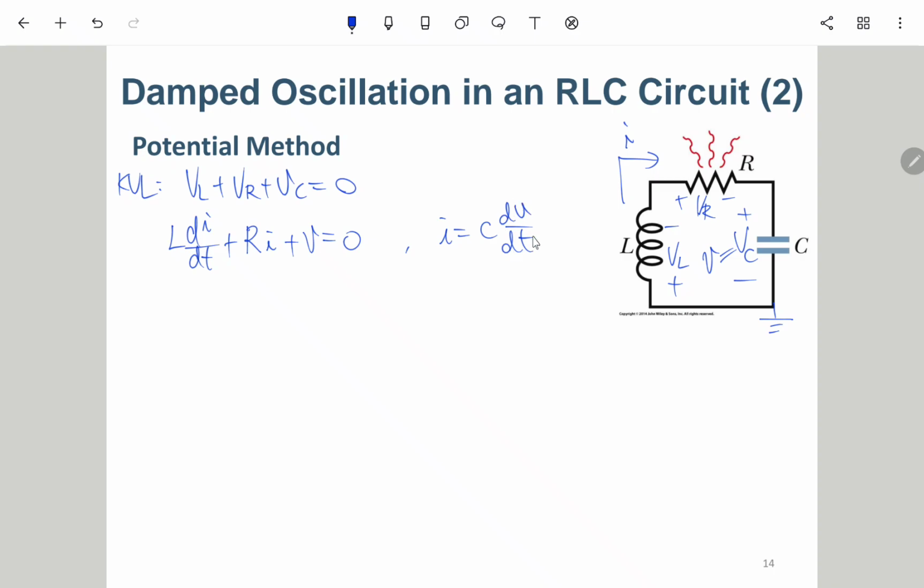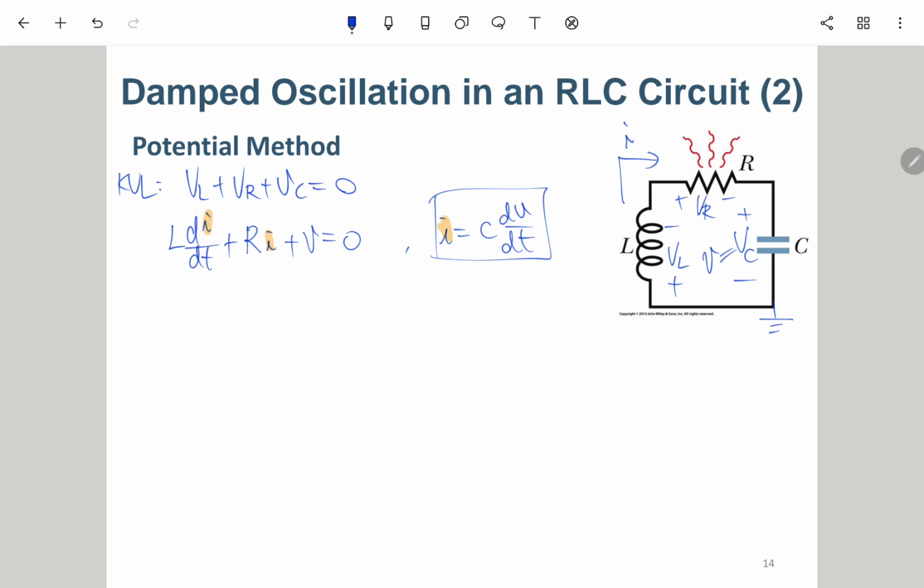This is the first derivative of V times C, which is the current. Here we substitute this into here and here.